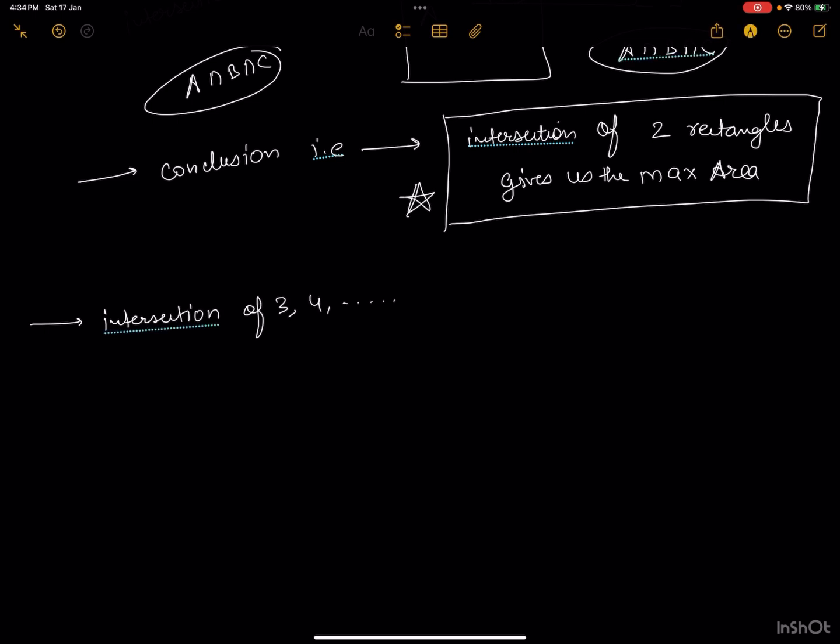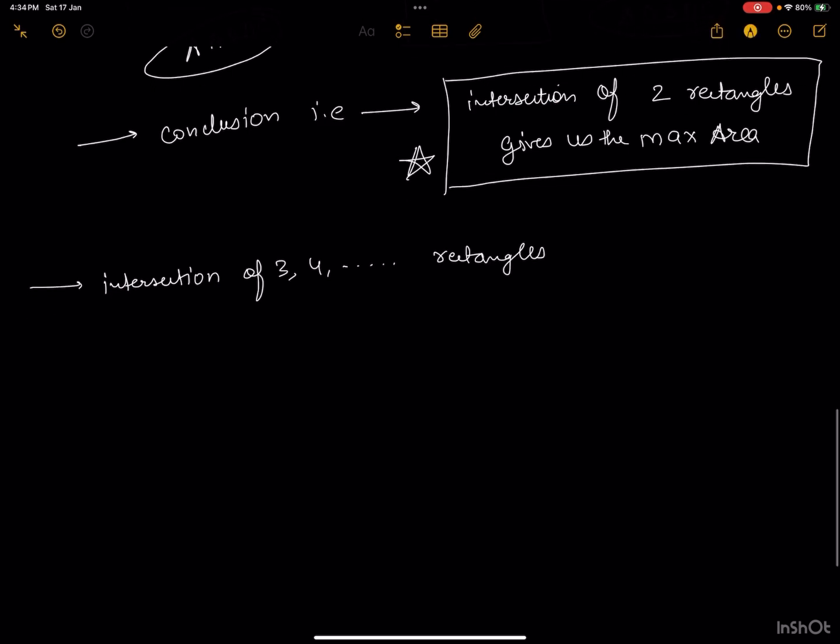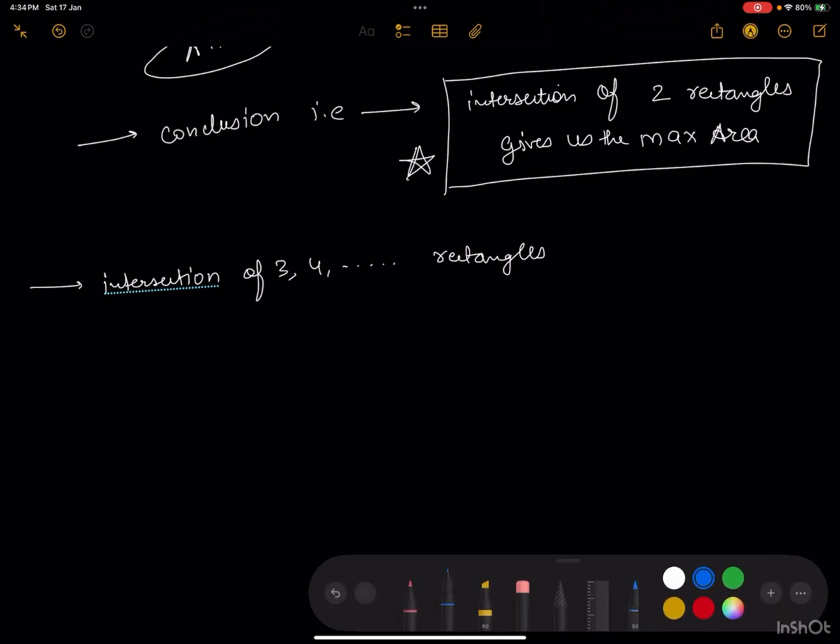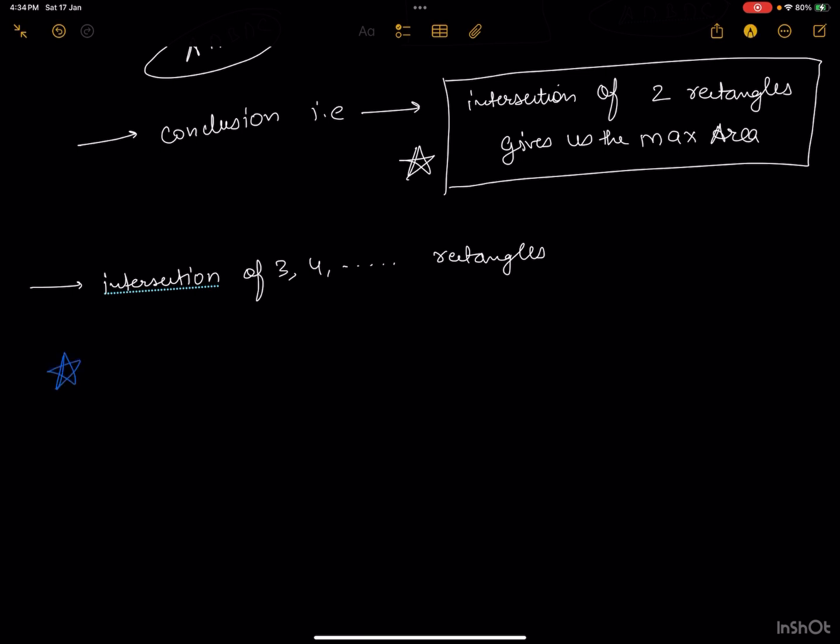We would just consider the intersection of just two rectangles, because only that would give us the maximum area. Taking more than that would either keep the area same of the square or further shrink it.